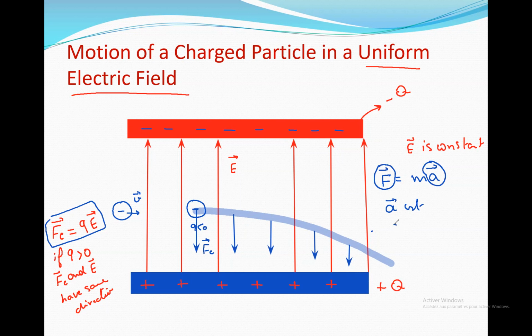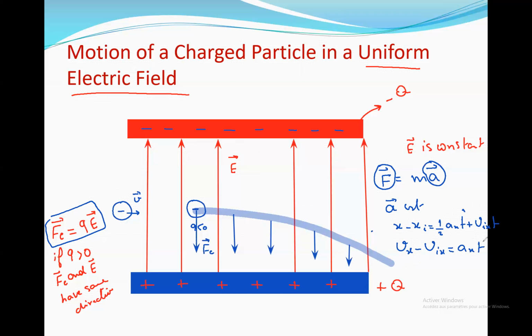You know, x final minus x initial equals half ax t square plus v initial x t, and v final at any point in x direction minus v initial x equals ax t.